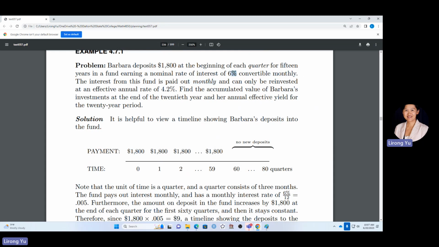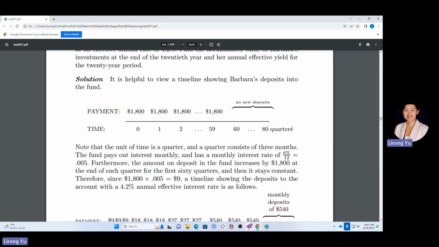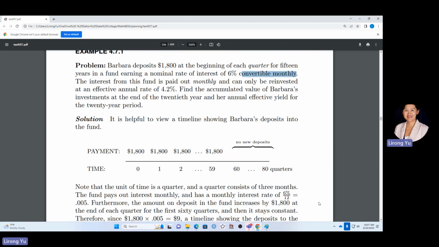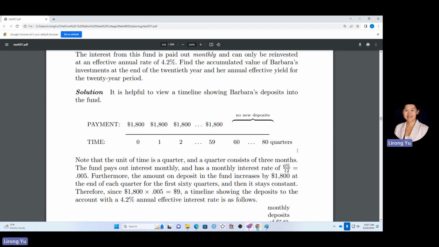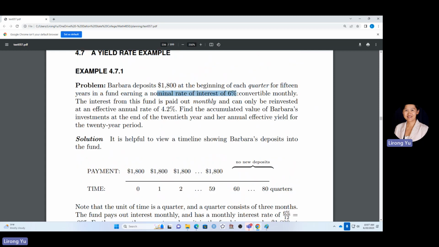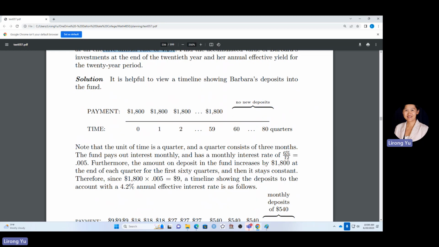So you take the 6% divided by 12. Since it says convertible, we divide it. This is a nominal interest rate, and this is the actual annual interest rate, so they're not the same. 6% divided by 12, that is a monthly interest rate. With the monthly interest rate, we multiply by the principal to find the interest.